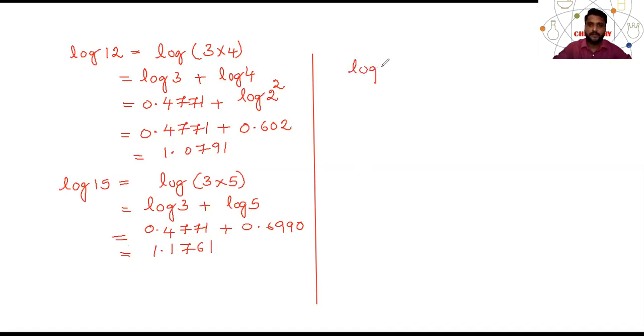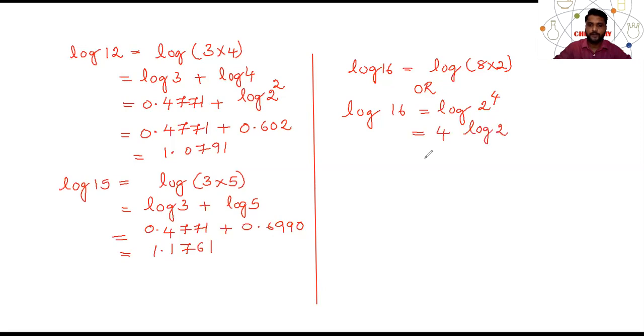Log 16 is equal to log 8 into 2. Or we can also write 16 as 2 to the power 4, which is equivalent to 4 into log 2, which is 4 into 0.3010.